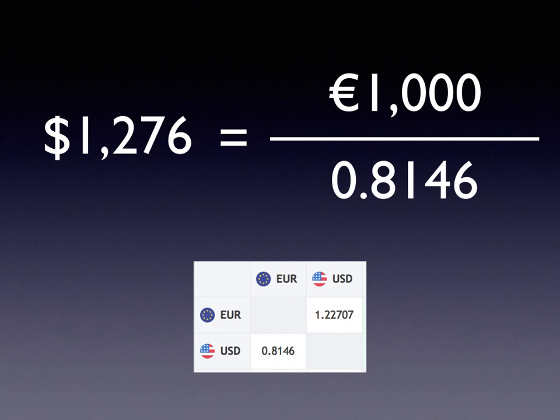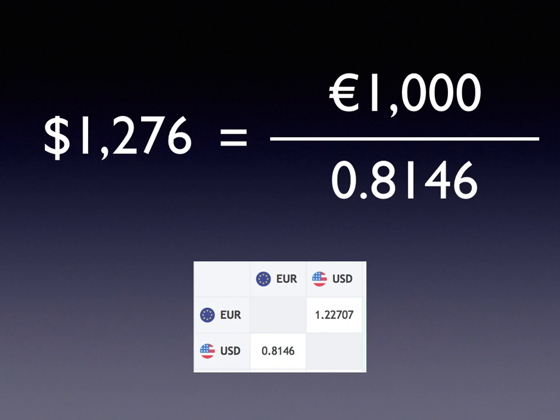So I take $1,276, I go buy euros. The exchange rate is, actually, the exchange rate is $1.22 will buy me 1 euro. So what I would do is take my $1,276 in dollars and go exchange at that rate, and I would come out with 1,000 euros.